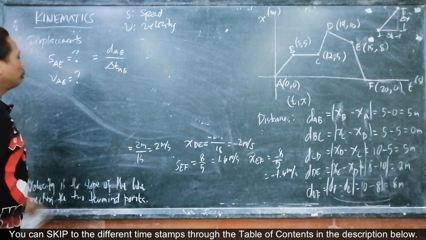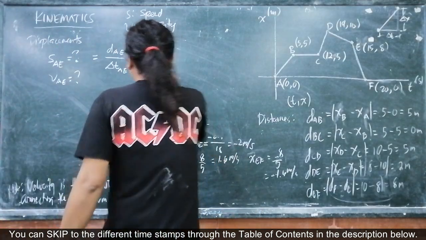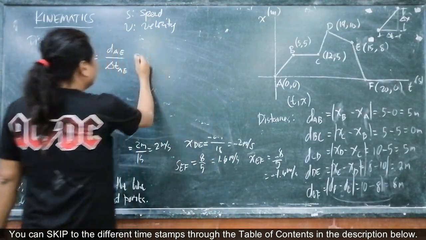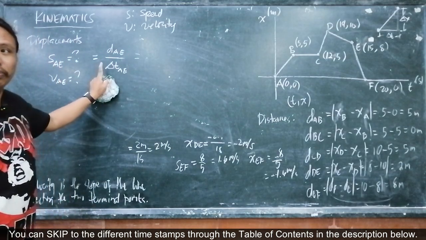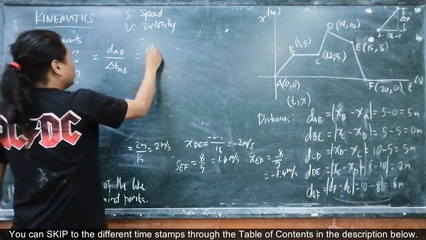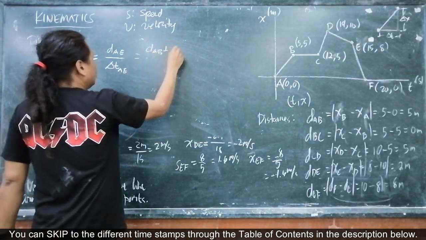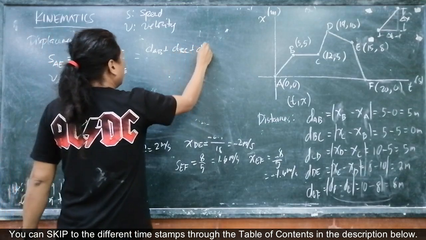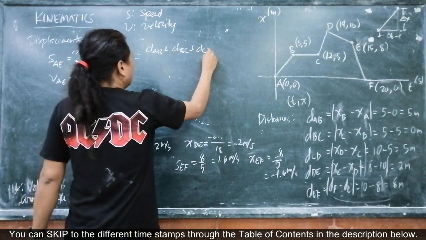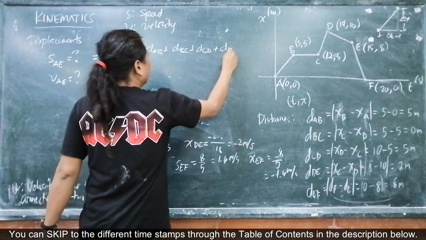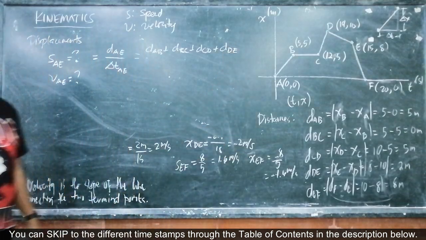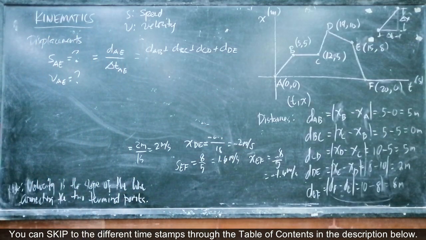What's DAE? DAE is a sum. DAE is DAB plus DBC plus DCD plus DDE, right? That's DAE.